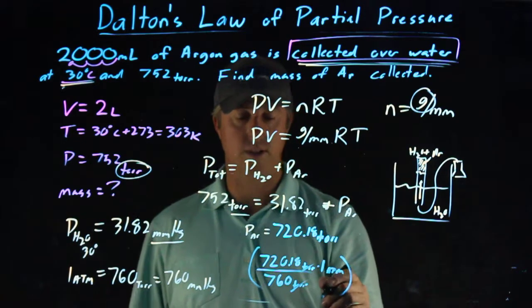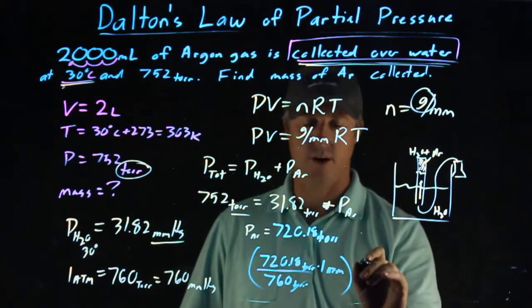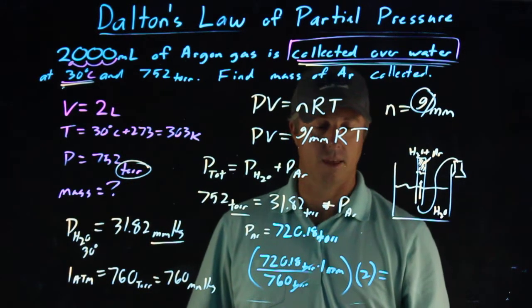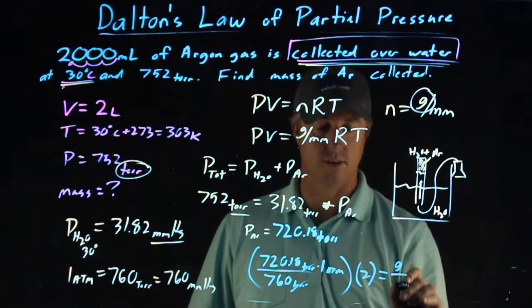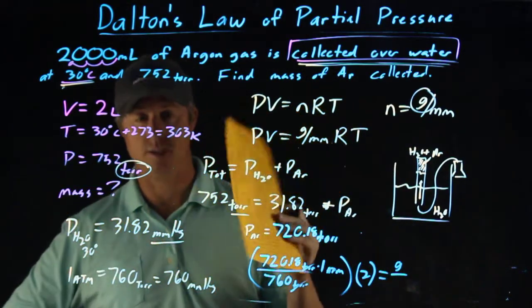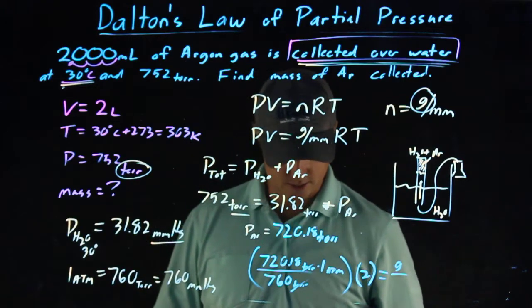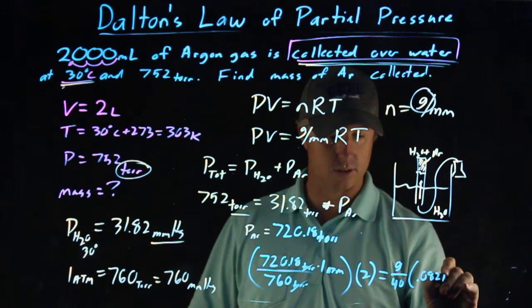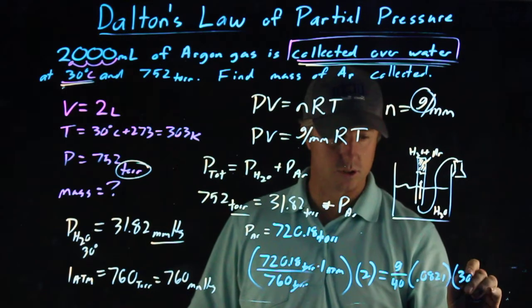That will get rid of torr and leave me with atmospheres. My volume is 2 liters. I'm looking for mass. My molecular mass, or atomic mass, just look it up. Argon is 40. The gas constant times the temperature.